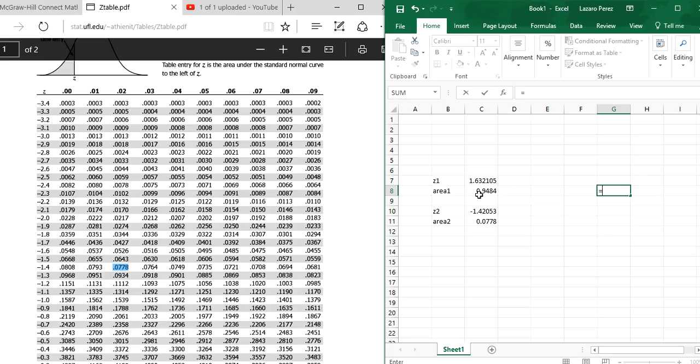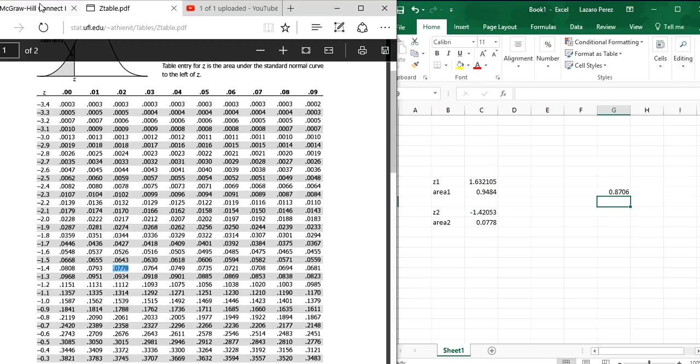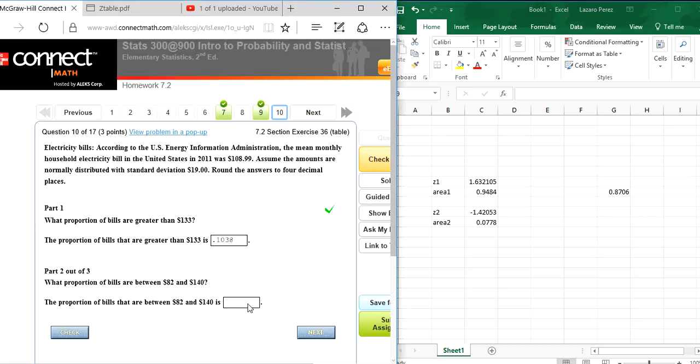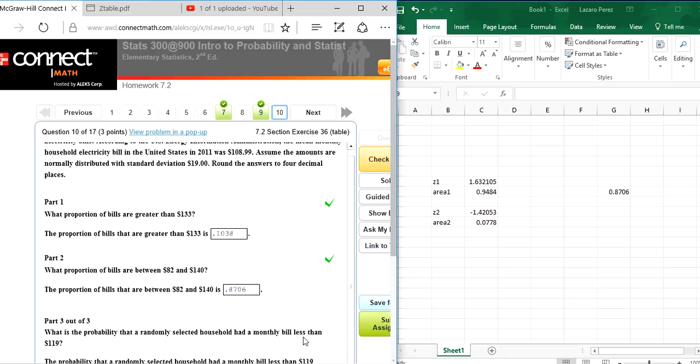So equals the larger value minus the smaller one, and this will give us what's in between. All right, so that's our answer right there. Let's go ahead and put that in. 0.8706. Perfect.